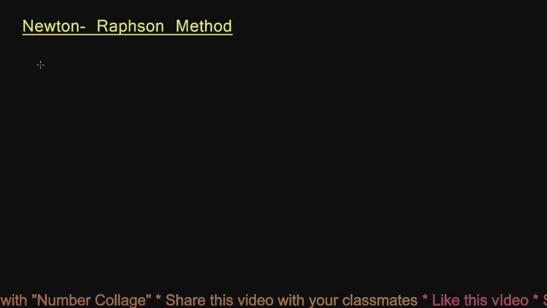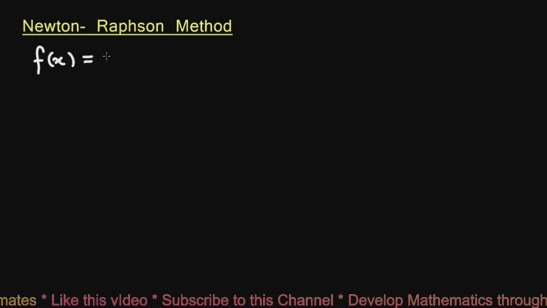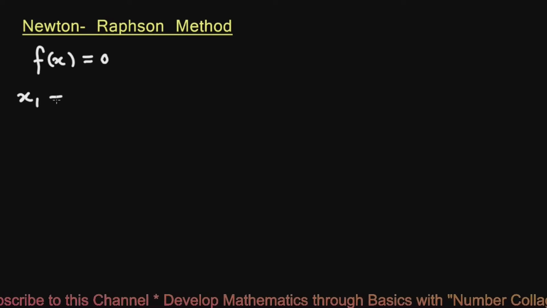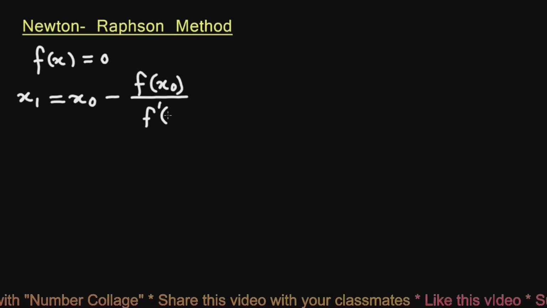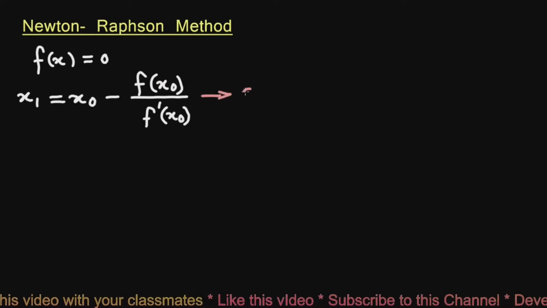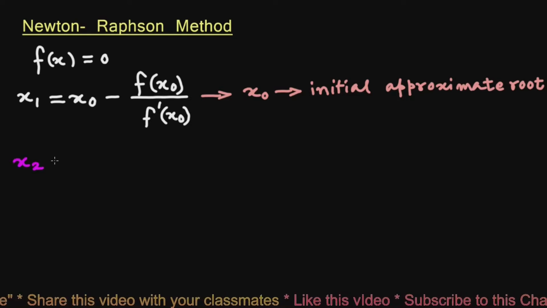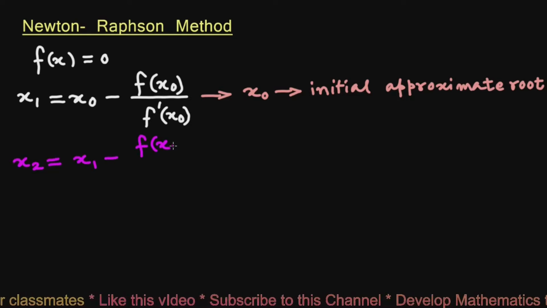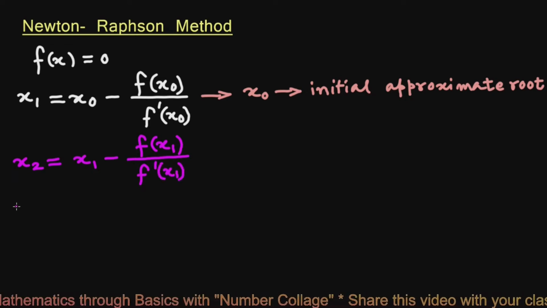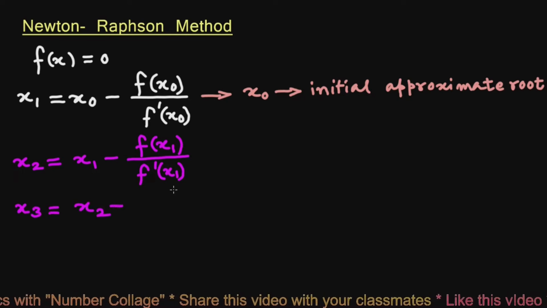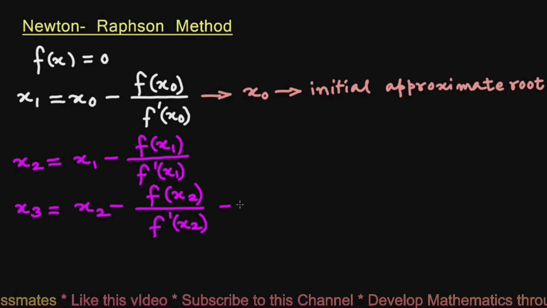So, the first approximate root of the algebraic equation f(x) equals 0 is x1 equals x0 minus f of x0 upon f dash x0, where x0 is the initial approximate root. Second approximate root x2 will be x1 minus f of x1 upon f dash of x1. Third approximate root x3 will be x2 minus f of x2 upon f dash of x2, so and so forth.